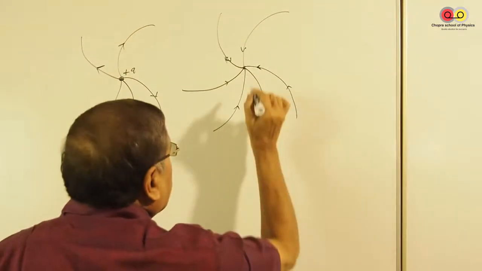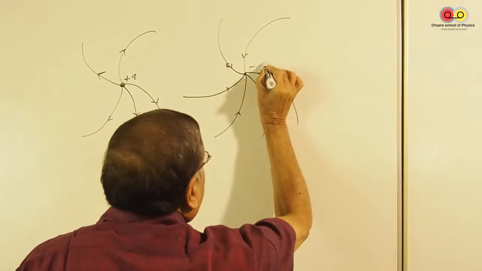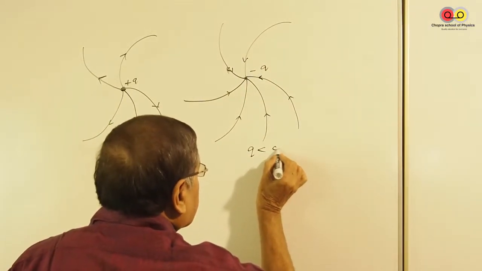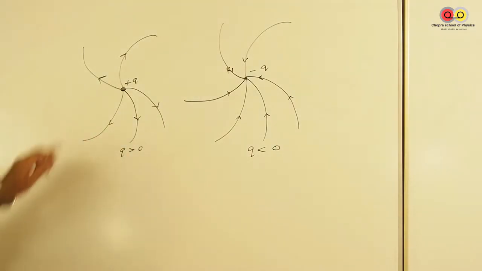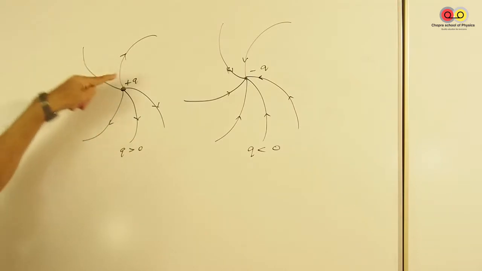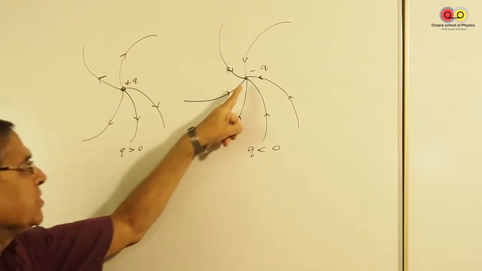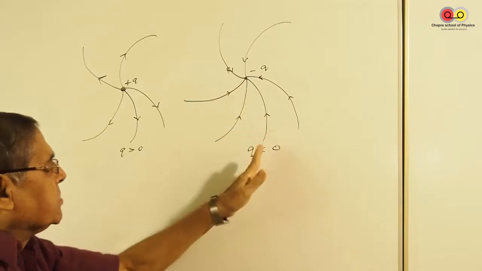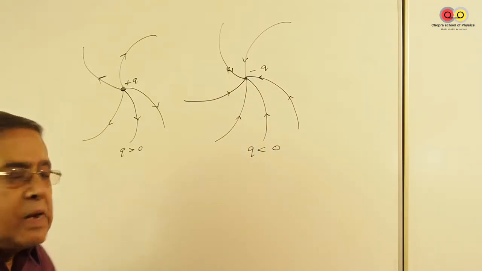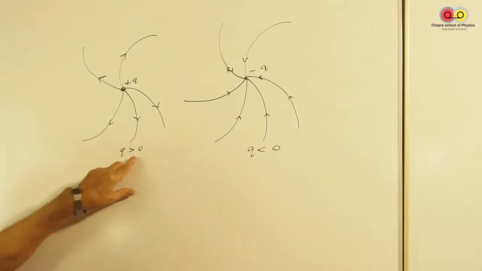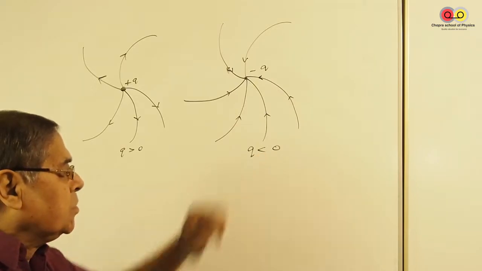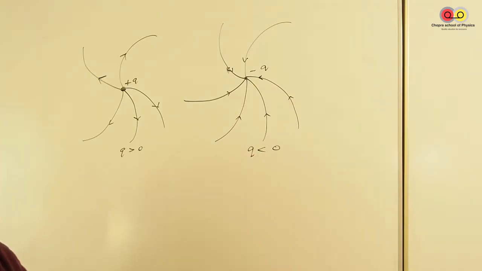So it will be a negative charge, minus Q, or we can say Q is less than 0. So positive charges are those which emit electrical lines of forces, and negative charges are those which receive or gain electrical lines of forces. Mathematically, we write Q greater than 0 for positive charge and Q less than 0 for a negative charge.